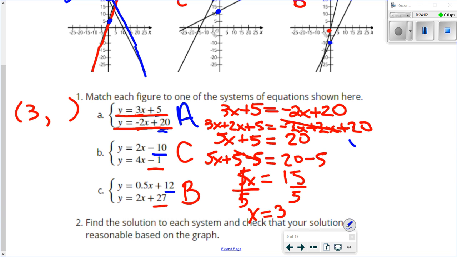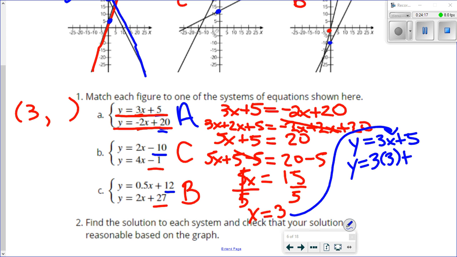So I'm going to use y equals 3x plus 5, and I'm going to replace what I got for x into that equation in place of x. I got 3, so I'm going to replace it with 3. And then I'm just going to complete the math. 3 times 3 is 9.